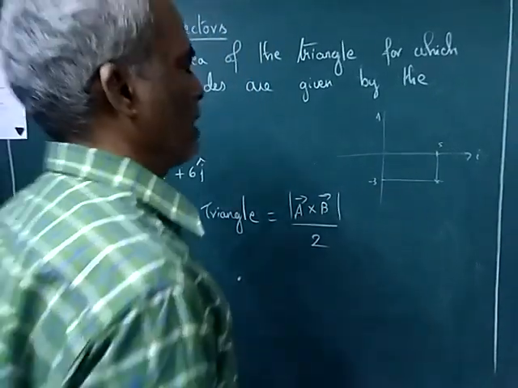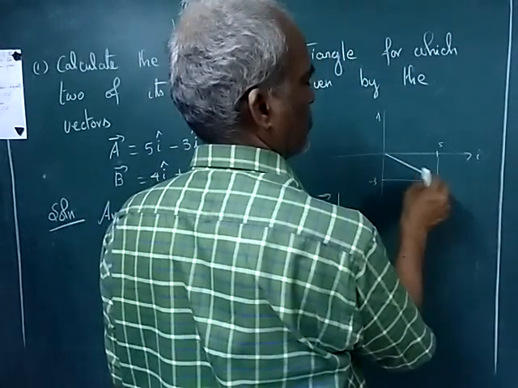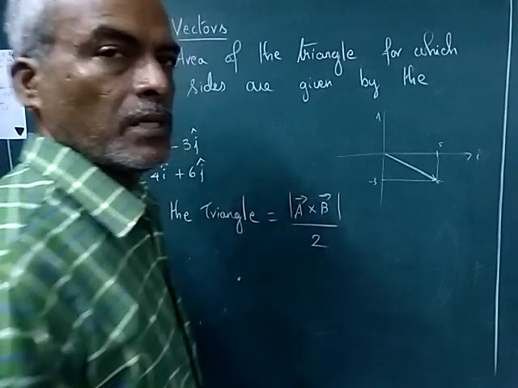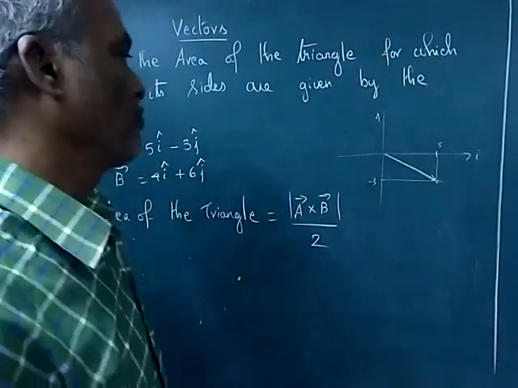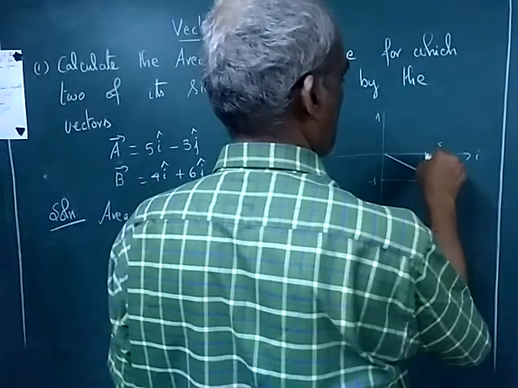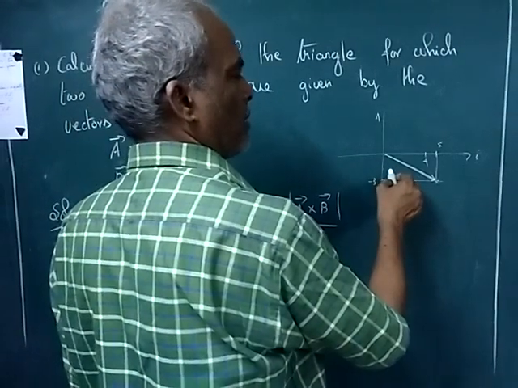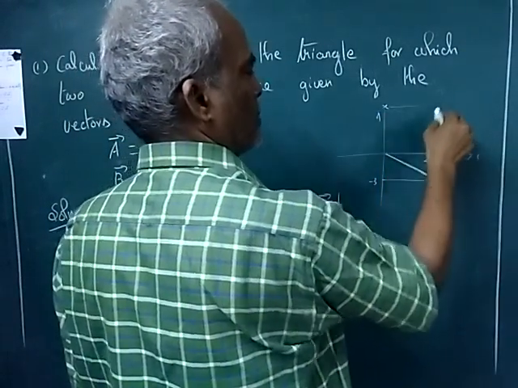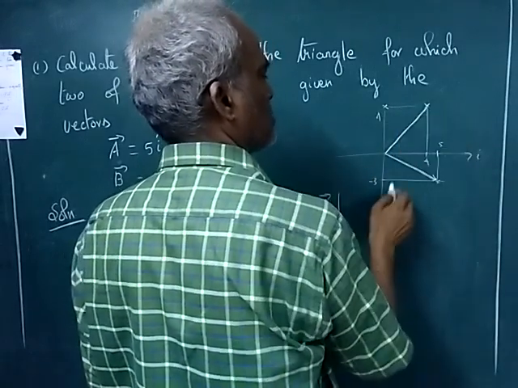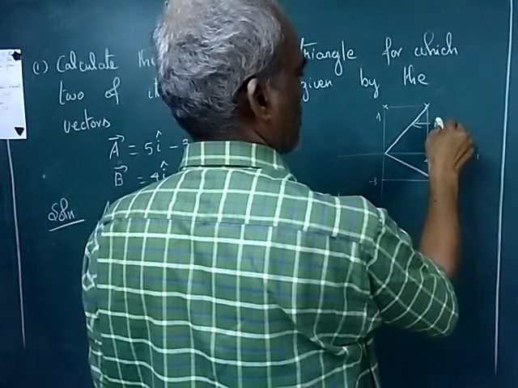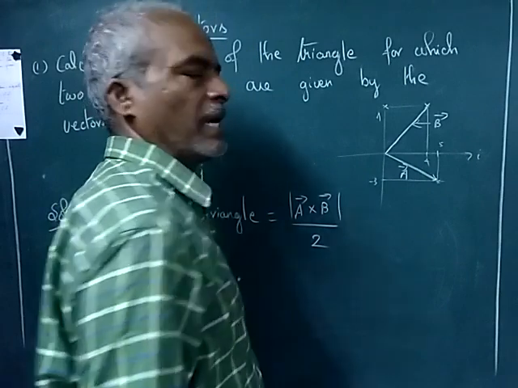So the a vector is in this direction, and this will be the magnitude of a vector. Now coming to b vector, it is 4i cap, that is 4 somewhere here, plus 6j may be here. So both are joining. So this is b vector, this is a vector, and it is 2 dimensional.